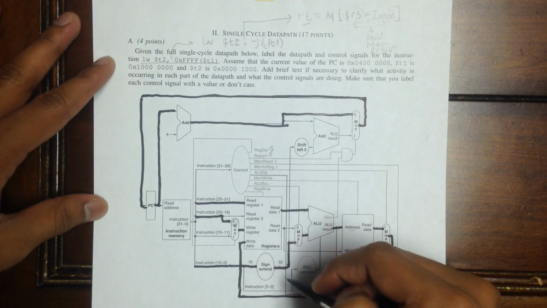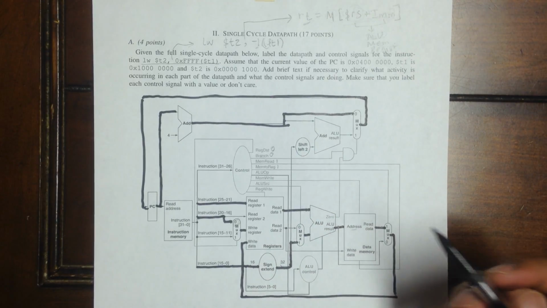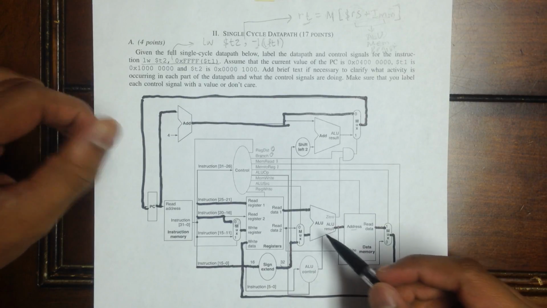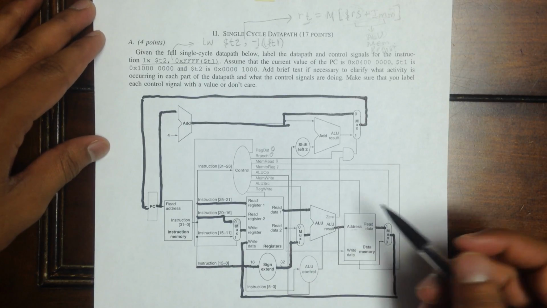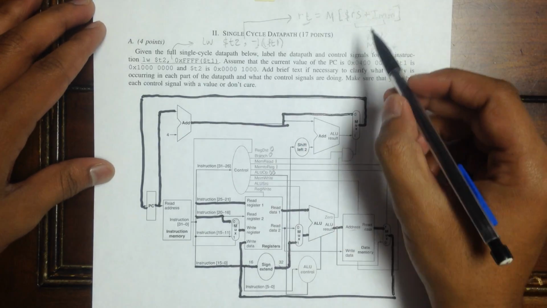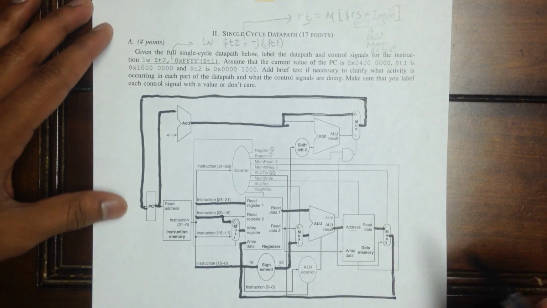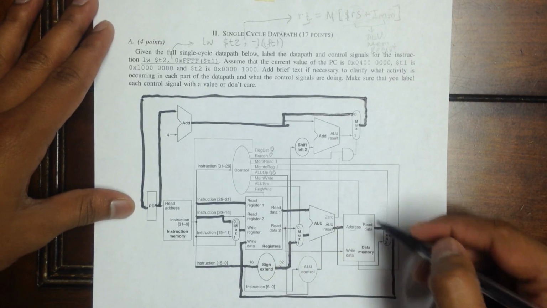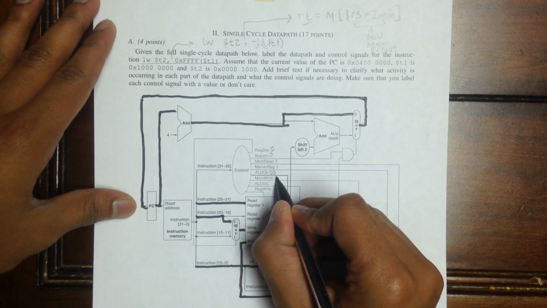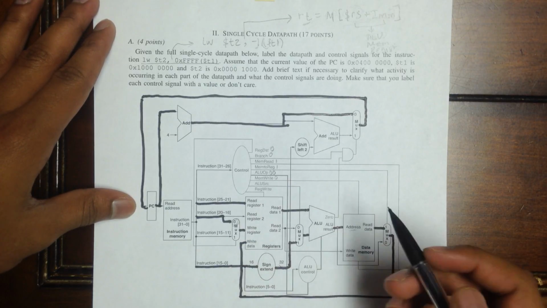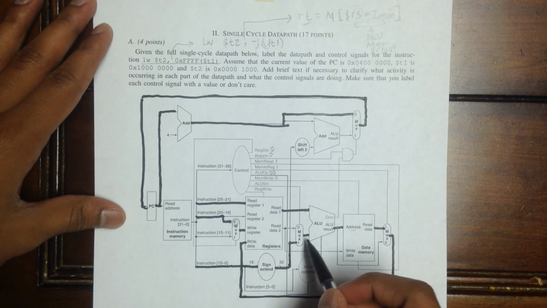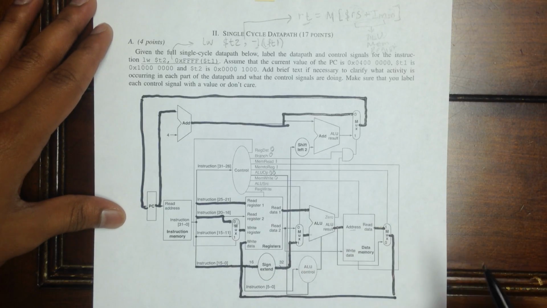ALU OP. There's a preset code for each function in the ALU, and here we're using addition. So the ALU OP for addition is 00, because we're adding RS to the immediate. Memory write: do we want to write into our memory? No, we don't. So that's going to be a 0. ALU SRC: what source are we selecting for our second ALU input?